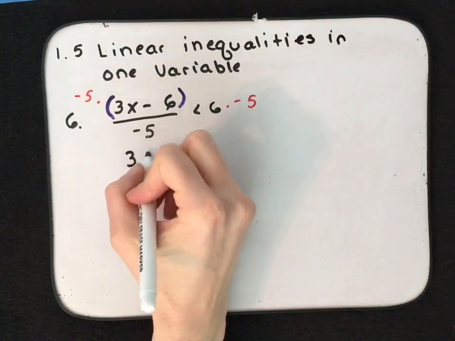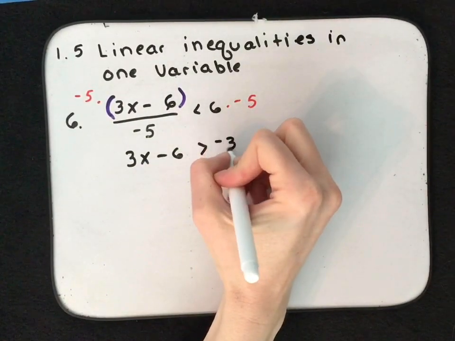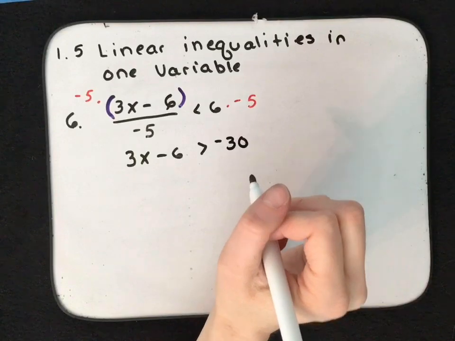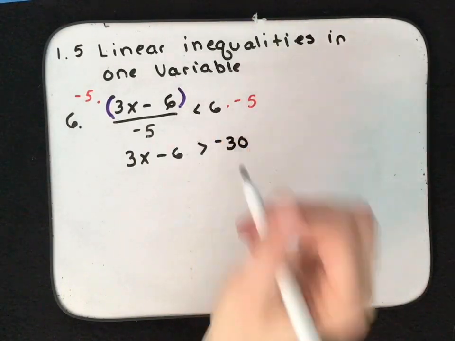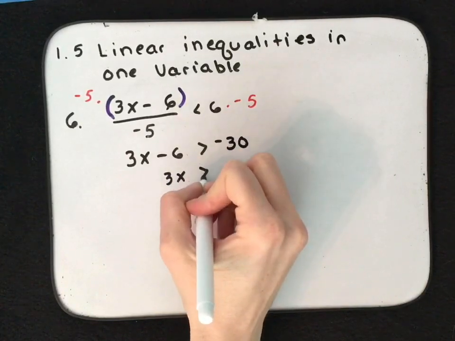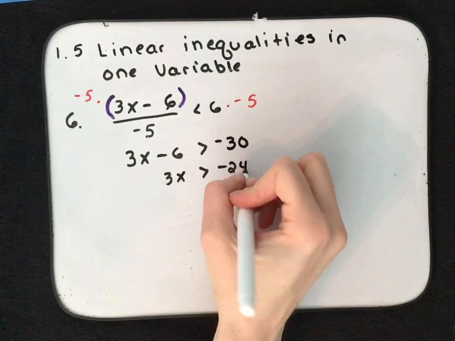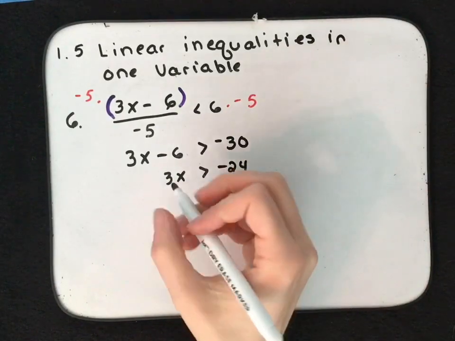So we have 3x minus 6. And 6 times negative 5 is negative 30. Then, if we continue down, we need to add our 6 to both sides. So we'll be left with 3x is greater than negative 30 plus 6 is negative 24. Then we need to divide both sides by 3.